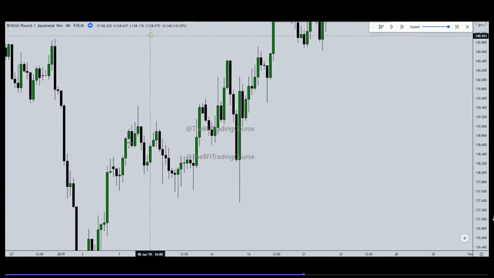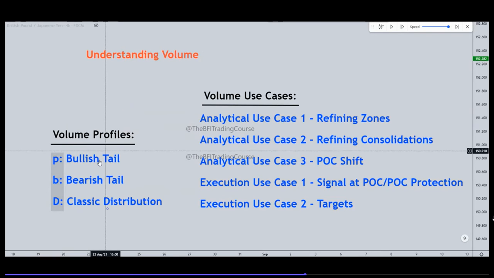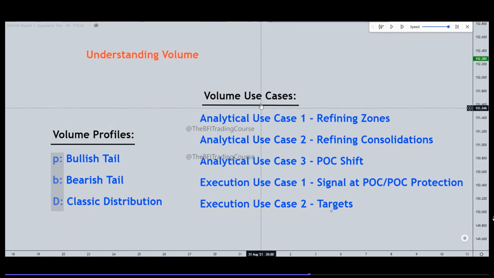Volume across this sideways range. Another D profile. The classic distribution. Now, we have use cases for this volume. The shape of the profile is not really what we're after. Okay, let's look at how we're going to use these profiles and the volume tool itself.